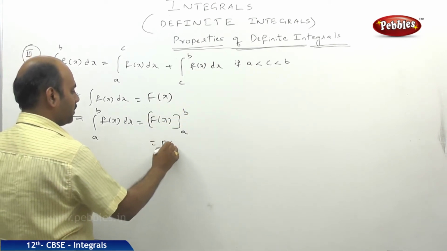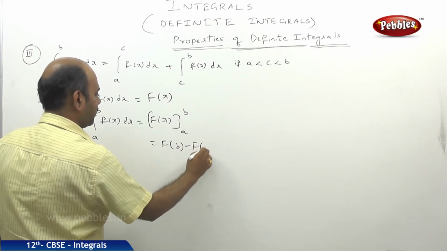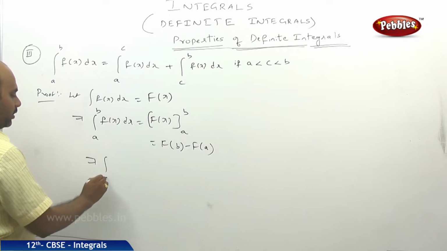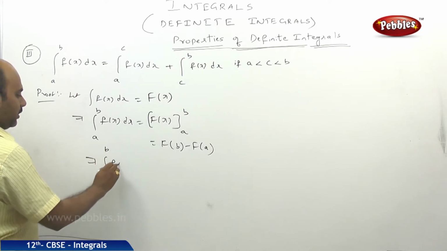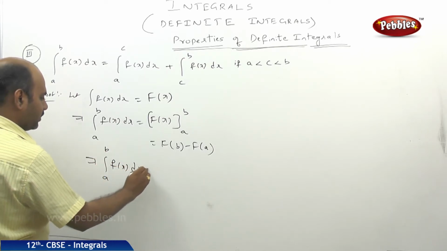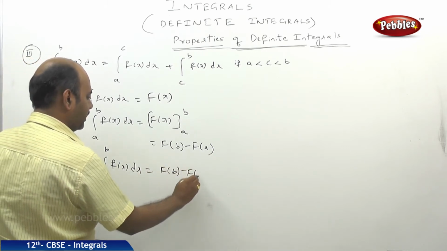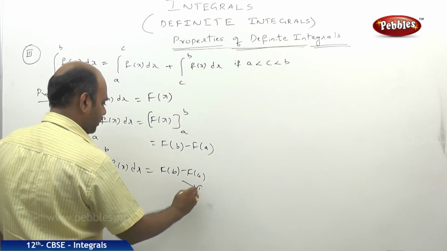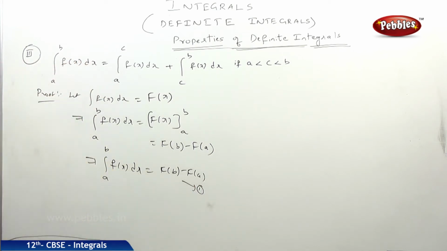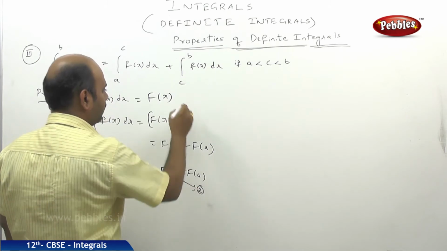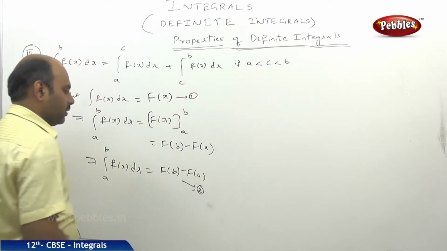So that implies we will be getting F of b minus F of a. So finally I conclude, integral a to b f of x dx is equal to F of b minus F of a. I call this number 1.